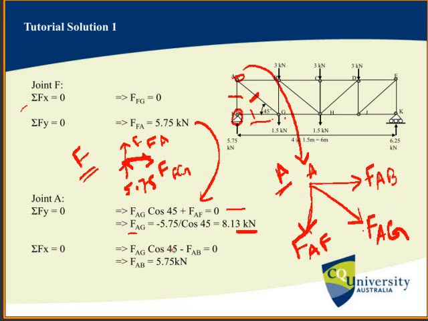In this case, FAG cos 45 minus FAB equal to 0, because we already know the value of FAG and we can find the value of FAB. So do you have any question up to this equation? It would be highly appreciated if you have questions, so that I can go for the next one.